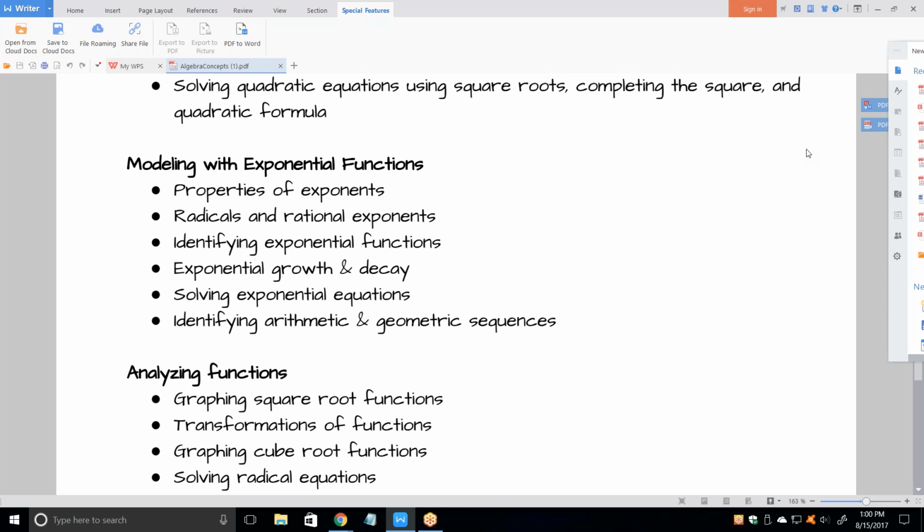Okay. So, I do believe we should start with, last time we covered this top one here, solving quadratic equations using square roots, completing the square and the quadratic formula. And granted, that was a big subject and we haven't really had time to review it, but I really want to make sure we cover the basics of algebra before you start geometry.